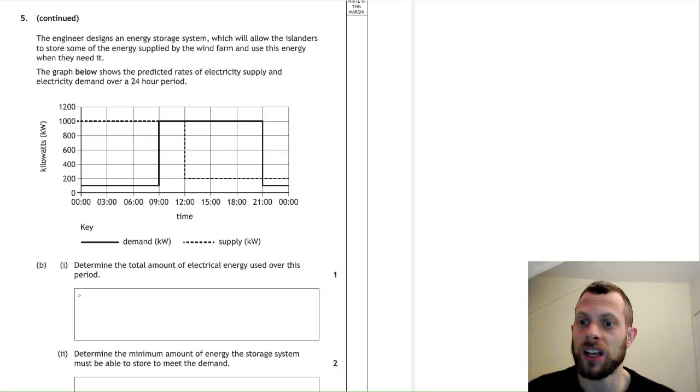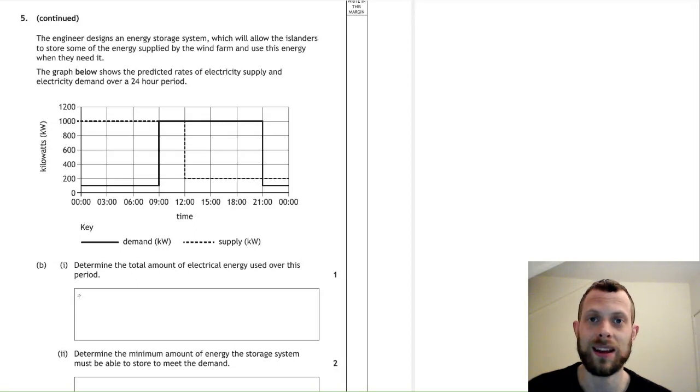Now in part C, we are given a graph of kilowatts over time. And it says to determine the total amount of energy used. So you have to have some understanding here of power being a rate, and then you would multiply that rate by time to get the energy that's produced.